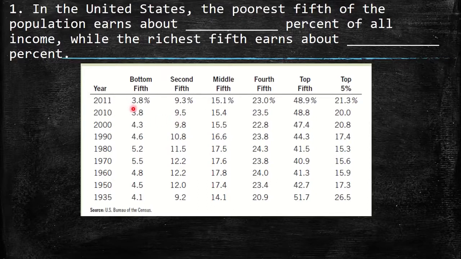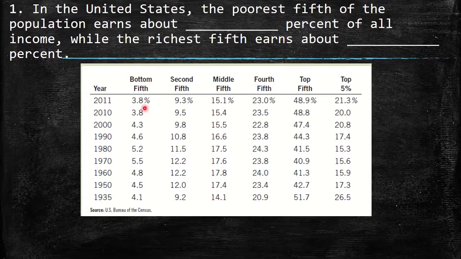Remember that this has the concentration of the population when you divide them in five groups. When you're talking about five groups, it's because here you have the 20 percent division of the annual income. If you have any questions, you can go back to the video where we explain that.